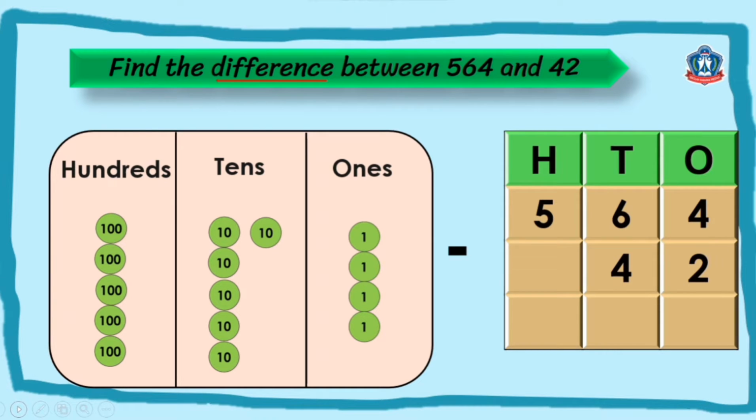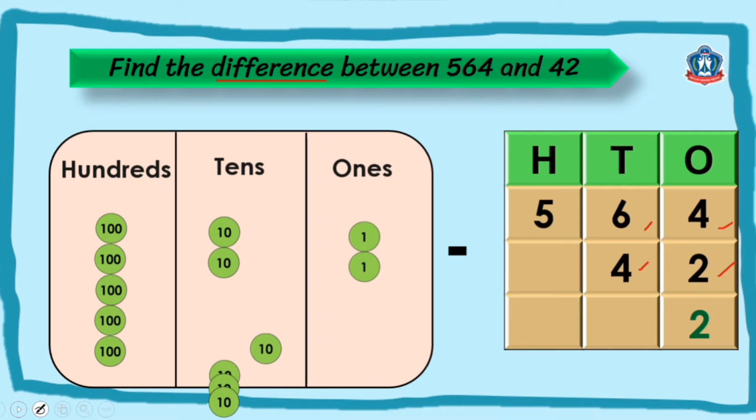So we have 4 ones minus 2 ones. We take out 2. And how many left? Yes, 2 ones. Next, 6 tens minus 4 tens. We take out 4 tens. And how many tens left? Yes, 2 tens. Then for the 500s, we did not take anything, so we will just copy the 500s. So 564 minus 42 is 522.